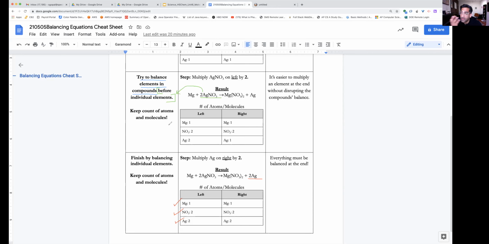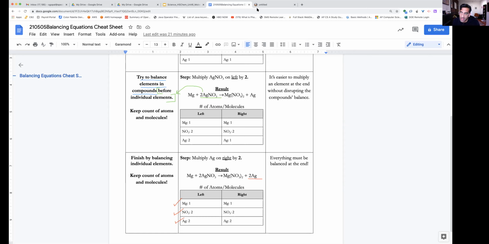The reason I want to deal with a compound before an individual element is that it's so much easier, as I showed you, it's so much easier to balance individual elements afterwards, okay? Then I go down and I balance individual elements accordingly because I just have to multiply one thing and I'm not worried about a domino effect of multiplying multiple things by a coefficient.